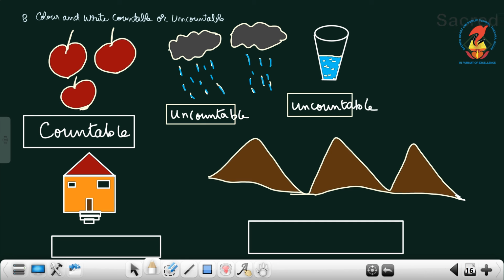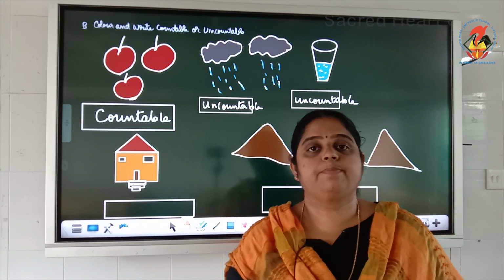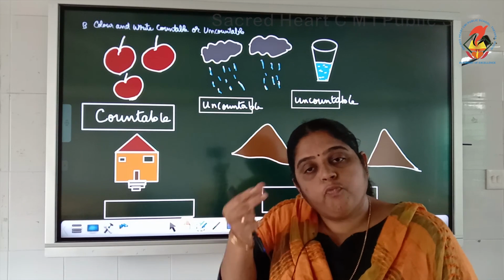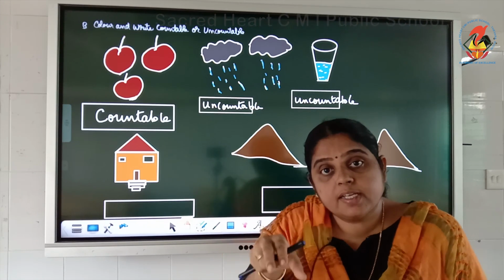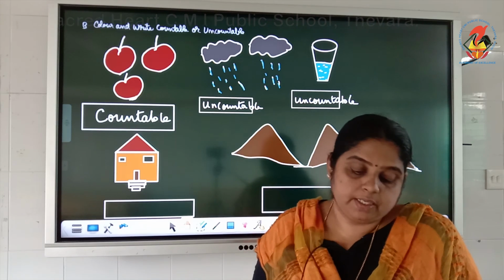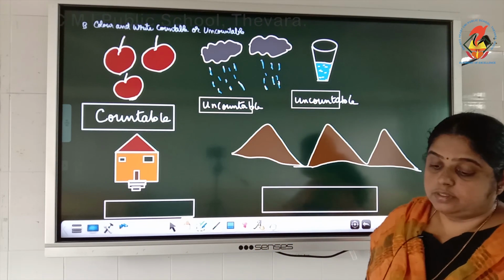But there is one thing, glass is countable. So, if 10 glasses are kept on the table, you can count and say how many glasses of water there are. But the water inside is uncountable, whereas the glass is a countable thing. Then, what is next? A house.